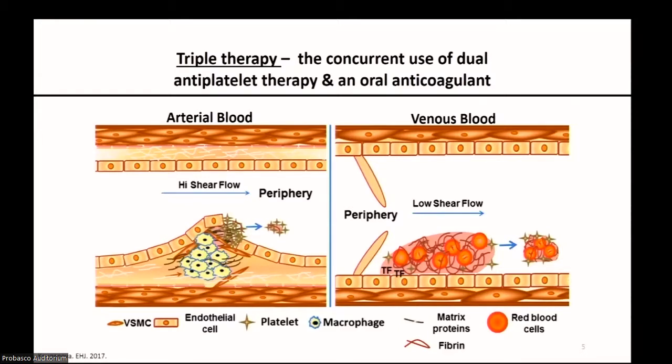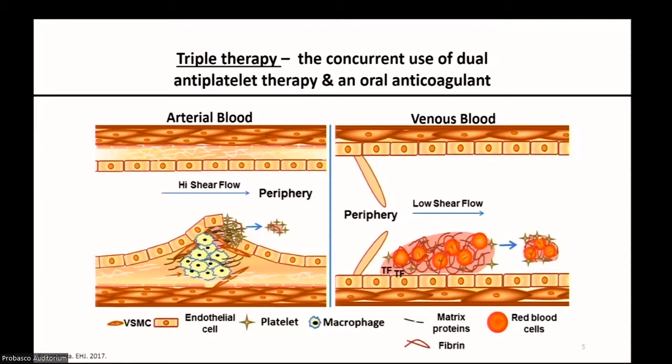These venous thrombi are rich in fibrin, so we would want to target the extrinsic or intrinsic pathways of anticoagulation, and the red blood cells, and the thrombi can occur in spite of an intact endothelial wall.